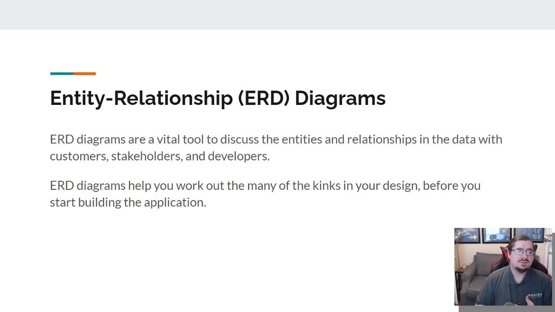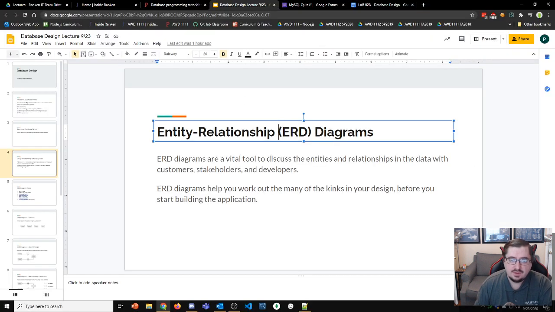Okay, so let's talk about how to design or diagram our databases. What we're going to go through in this next part is something called an entity relationship diagram, and we usually shorthand that as an ERD.